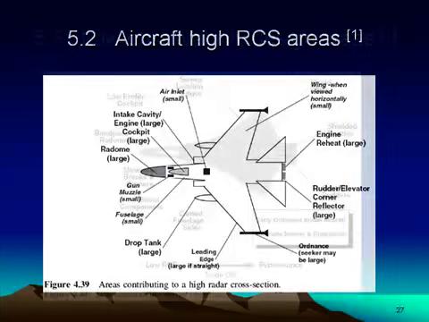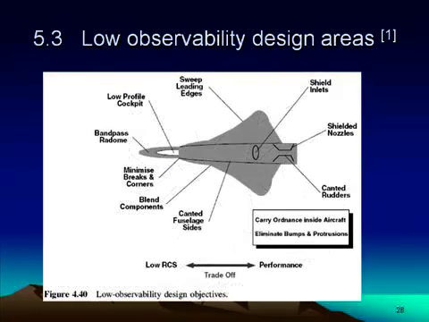You see that the metallic portions of the aircraft are reduced drastically, and this gives rise to low RCS. If low RCS is given, the performance of the radar system is also going to be very low. So if you want to have a good performance, the RCS of the target must be as high. So there is a trade-off between these two things.